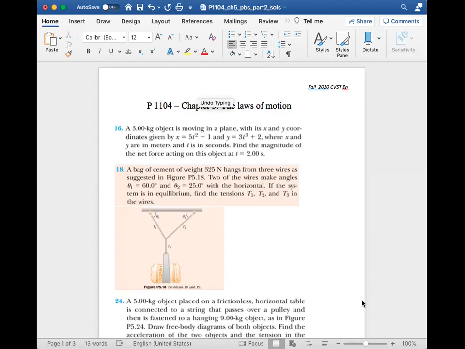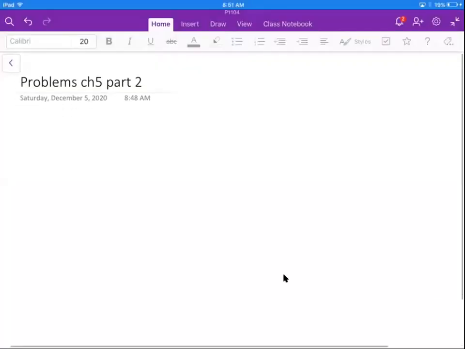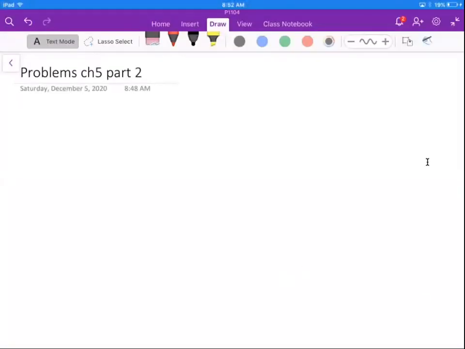So let me share with you my screen. Okay, so let's start. I'll read again the given and then write down what we know about the particle. This is problem 16. The object has a 3 kilogram mass, so m is equal to 3 kilograms.